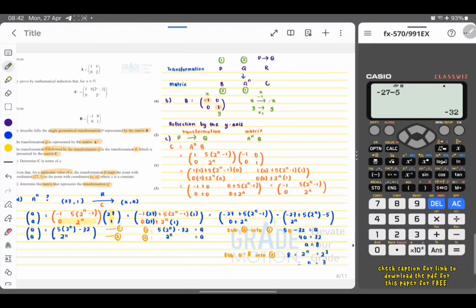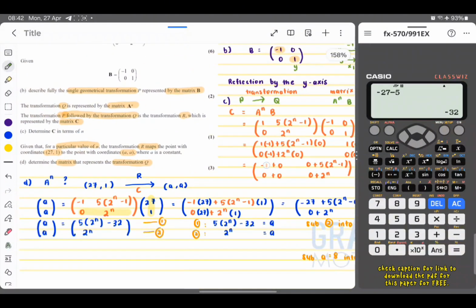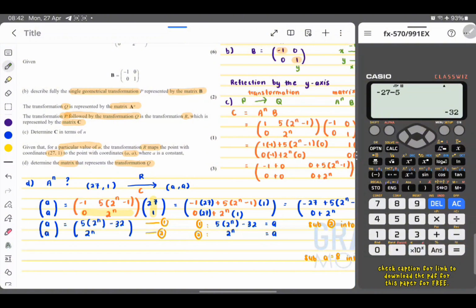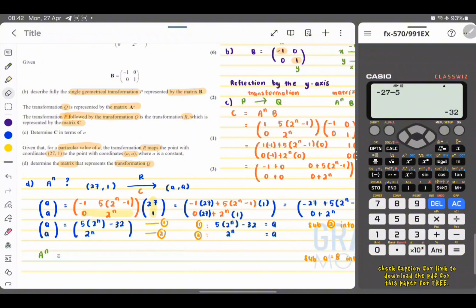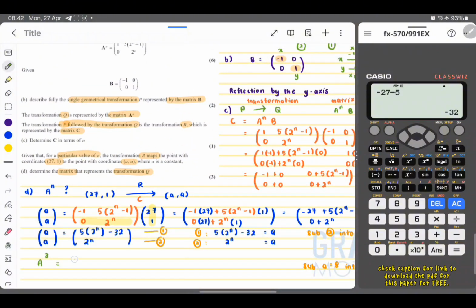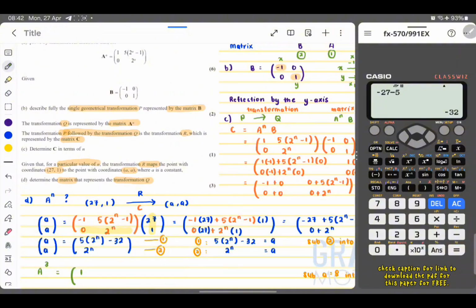Now that we know the value of n, which is 3, we can find A to the power of n. So what is A to the power of 3? This is equal to 1, 0, 5, open bracket, 2 to the power of 3 minus 1 and 2 to the power of 3.